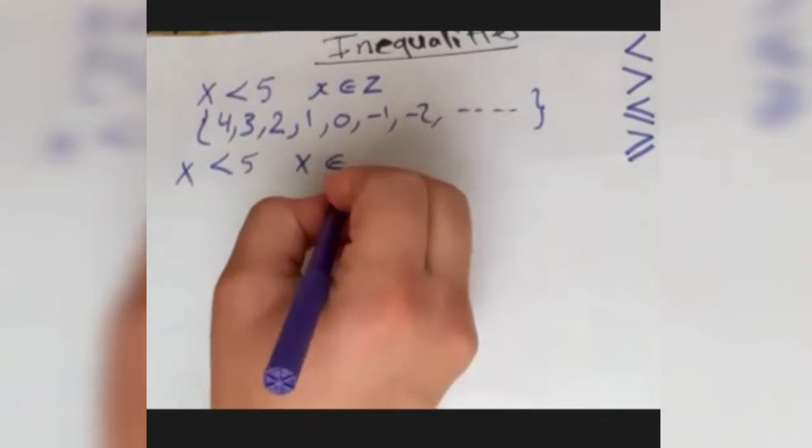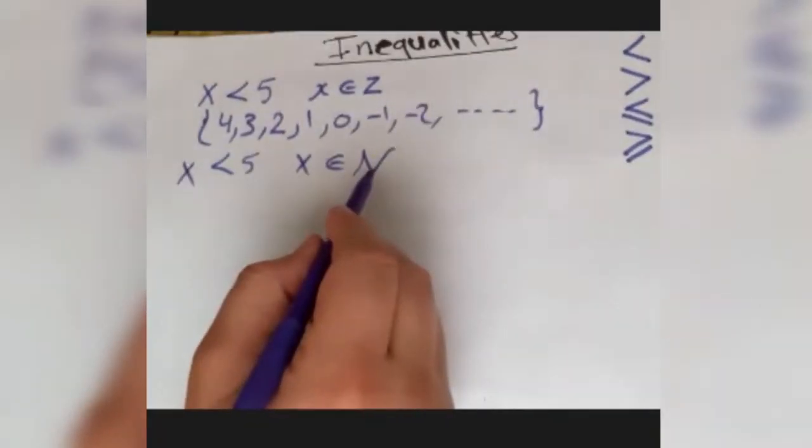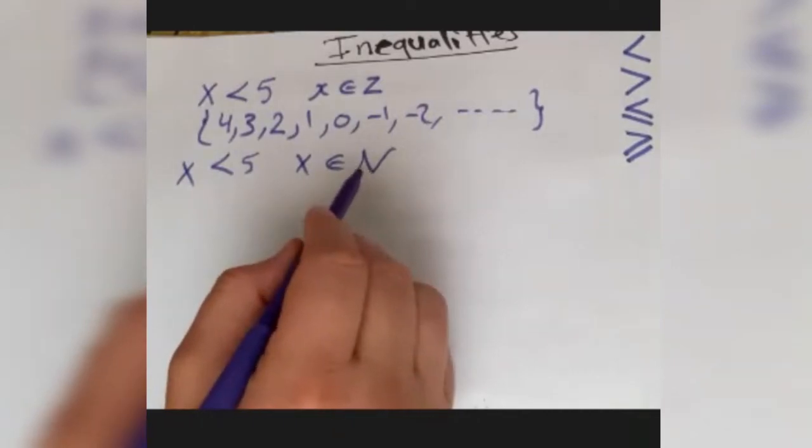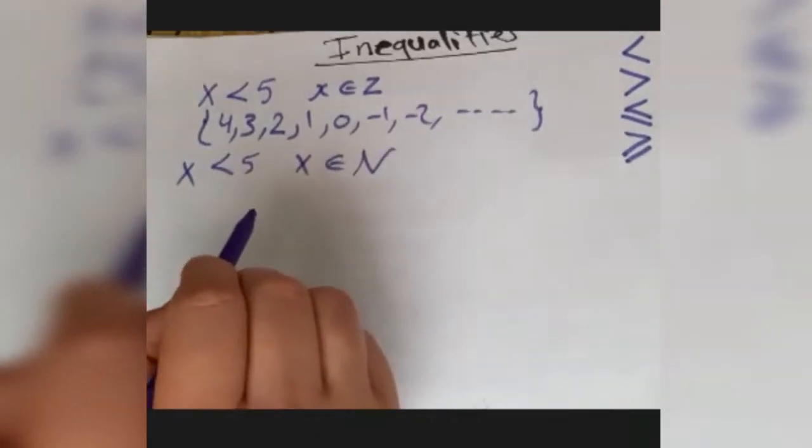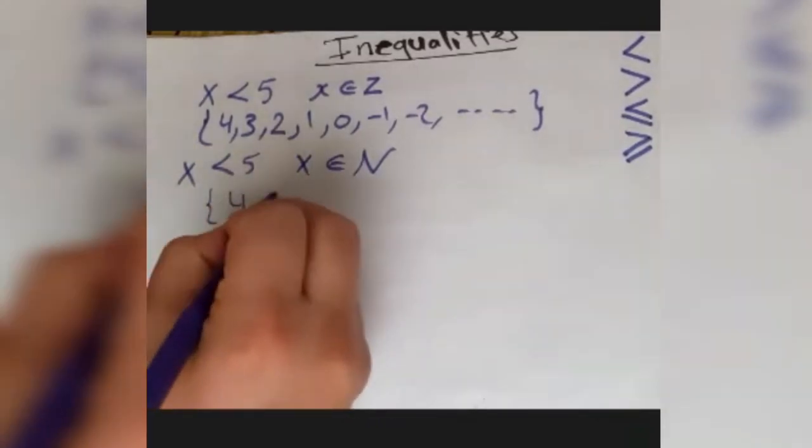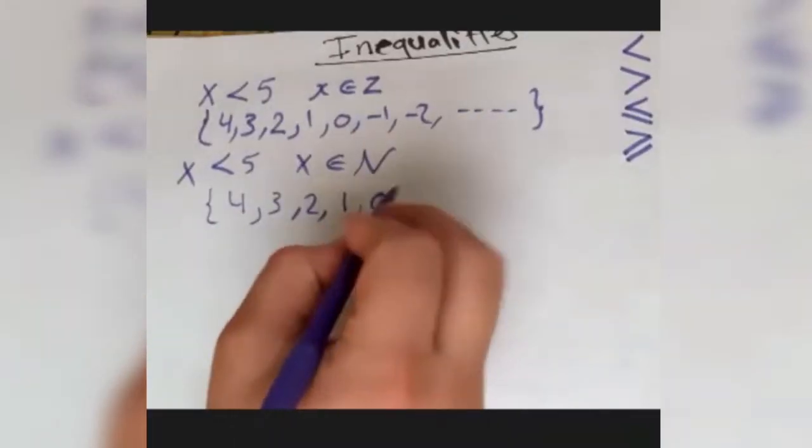When x is smaller than 5 and x belongs to N, the natural numbers, which are 0, 1, 2, 3, 4, and so on, in this case x equals 4, 3, 2, 1, and 0.